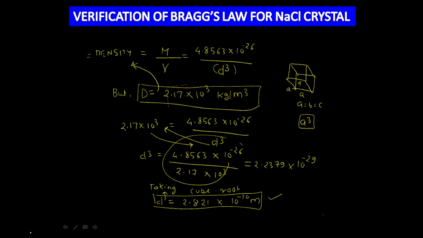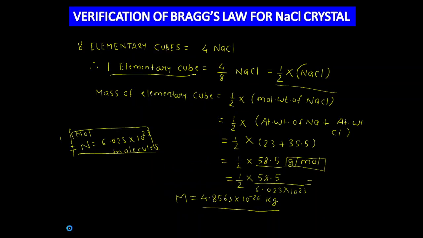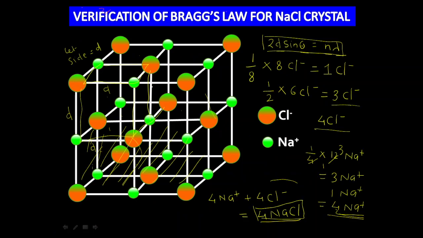Again I am going to the back slide. So this is the back slide, and this D, I am quoting this D. The side of the unit cell has the value 2.821 into 10 to the power minus 10 meter. Now look at this D. What is the significance of this D? If I consider this lower plane, just look at my shading.